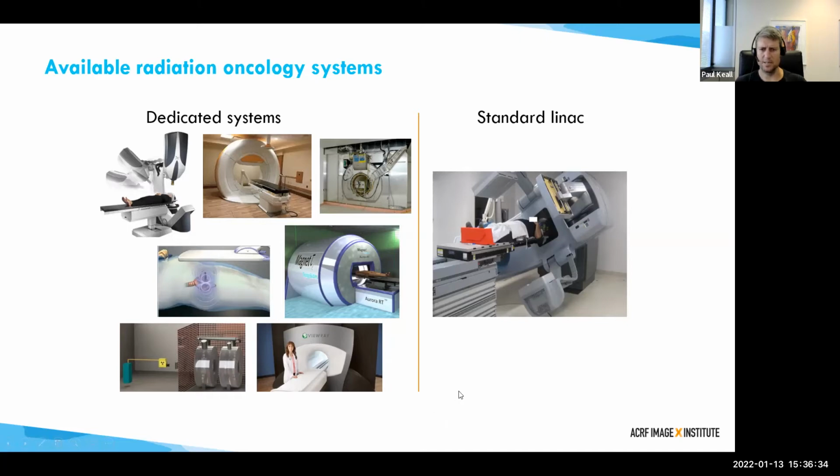In Australia, I think there are 200 of these linear accelerators, and only three are the more dedicated systems. So most people have these C-arm or gantry mounted linear accelerators.